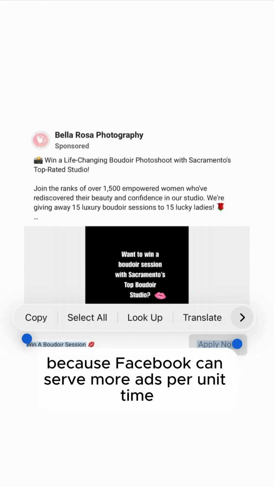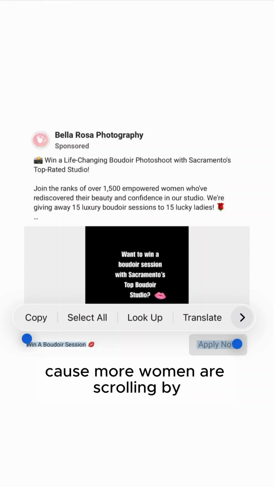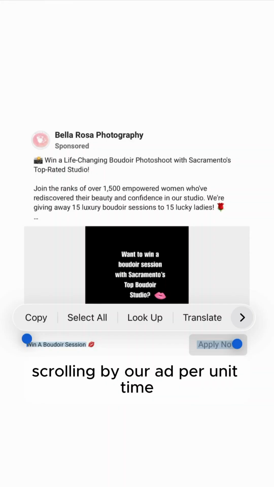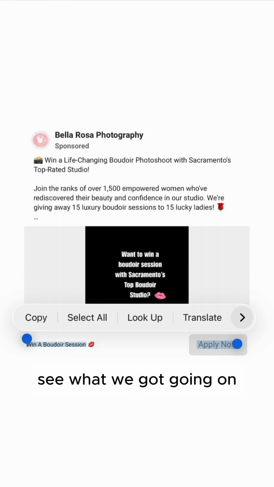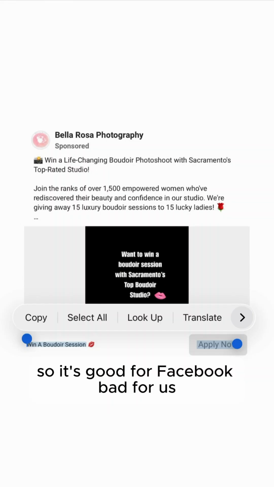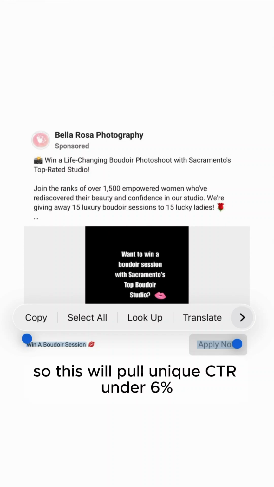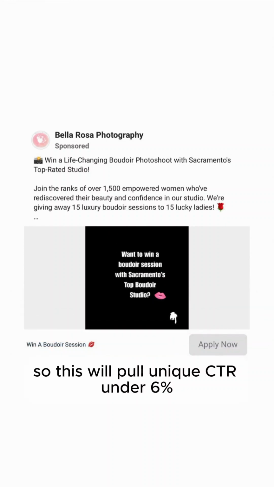And Facebook wants that because Facebook can serve more ads per unit time, because more women are scrolling by our ad per unit time. They're not clicking in to read more, see what we've got going on. So it's good for Facebook, bad for us. So this will pull unique CTR under 6%.